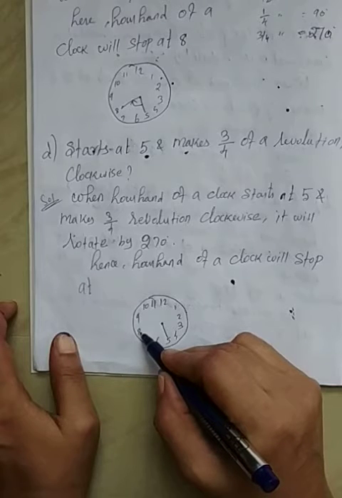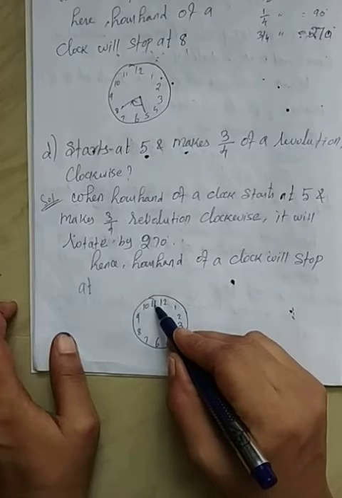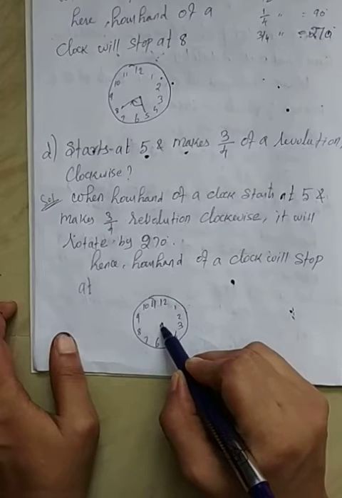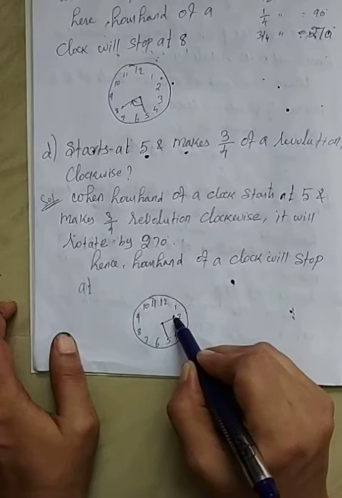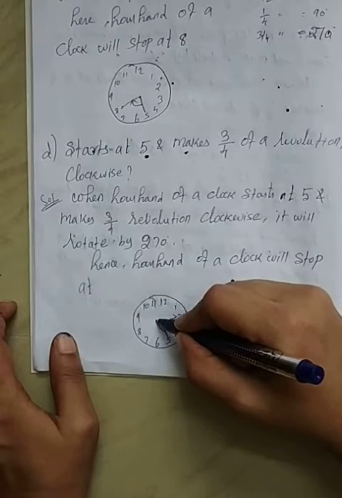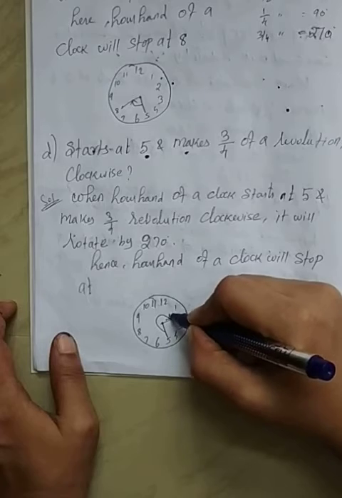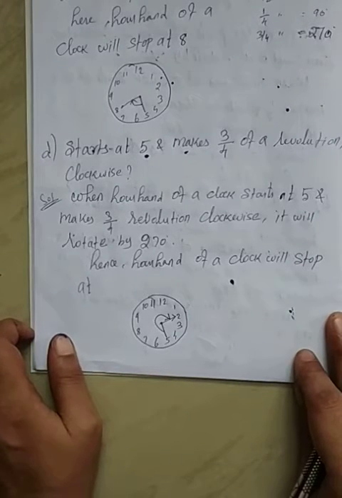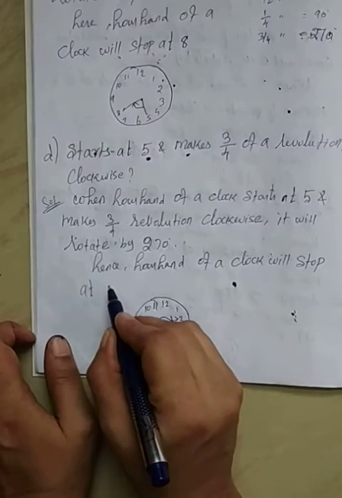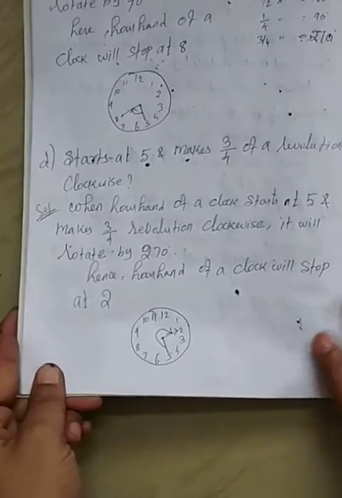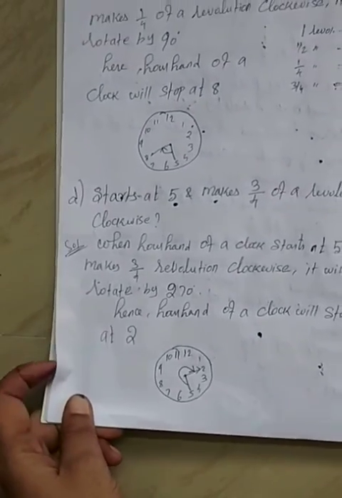This is one right angle. 1, 2, 3, this is another right angle. 1, 2, 3, this is the third right angle. So you have to finish at 2. So starting at 5, finishing at which one? 2. Everybody clear? So we have to put stop at 2. Clear? Okay.